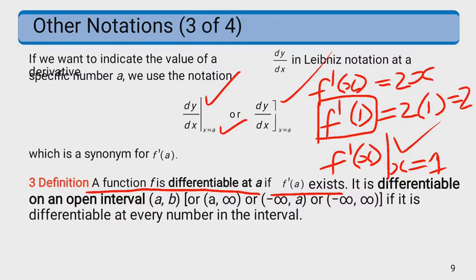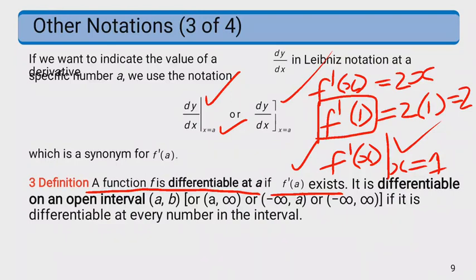That's good, but it's still hard to imagine. But remember, f prime at a is nothing but the slope of the tangent line. So if we can find the limit of that function, then we find that it exists, then it means the function is differentiable at that point.